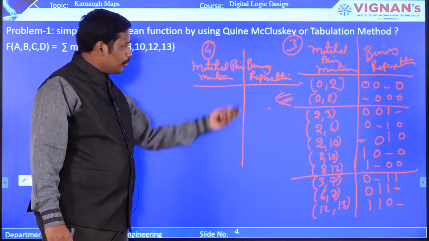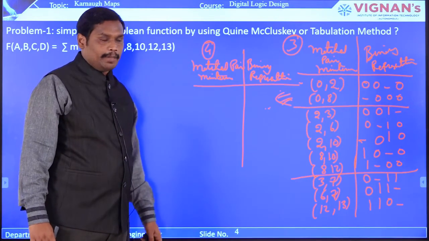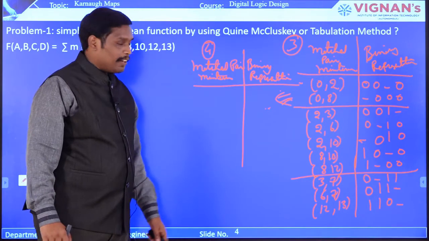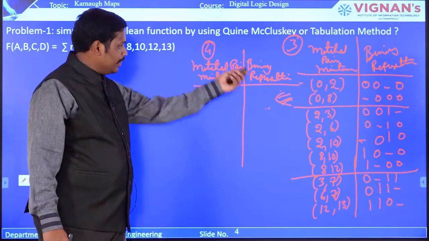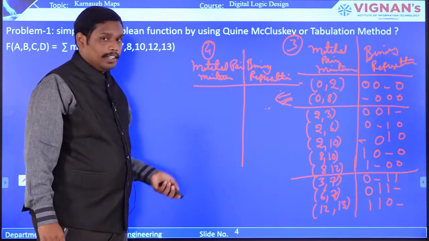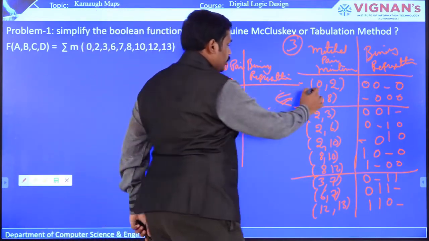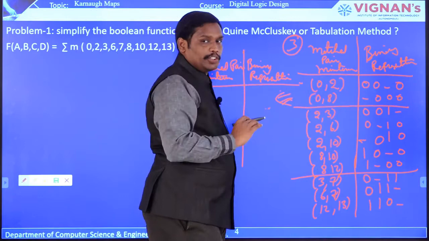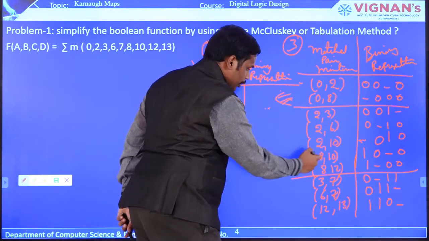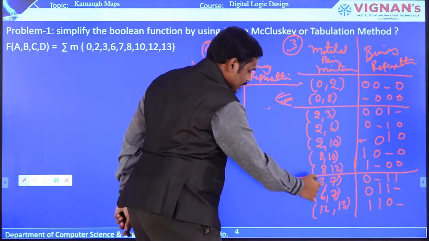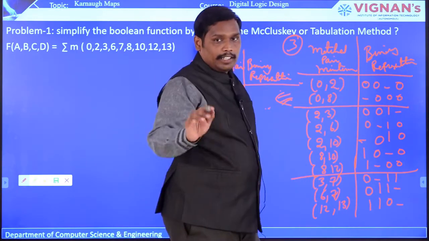So we have already generated the third table, that is, the matched pair minterms. From those matched pair minterms, you are going to find out again whether any further matches can be made or not. We can see that here 0,2 and 0,8 belong to the first group, and 2,3, 2,6, 2,10, 8,10, 8,12 form the second group, and 3,7, 6,7, 12,13 represent the third group.